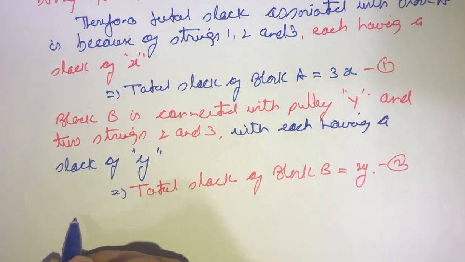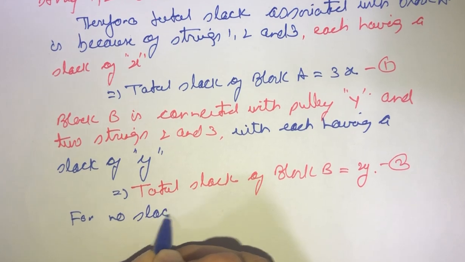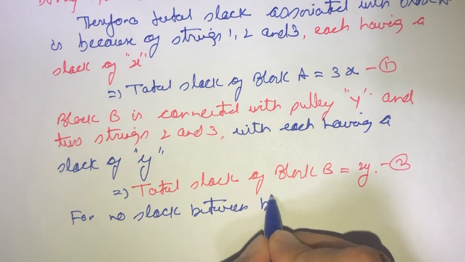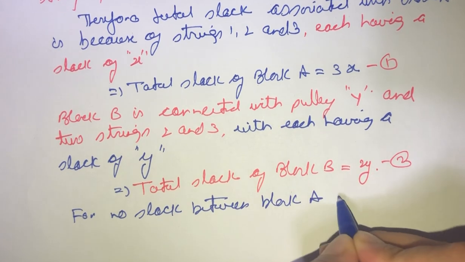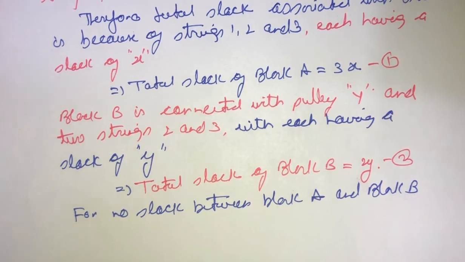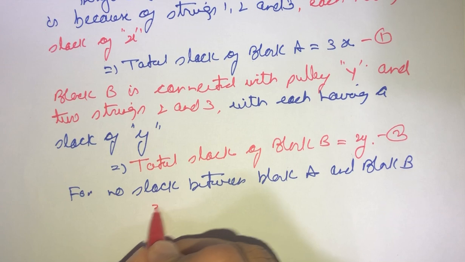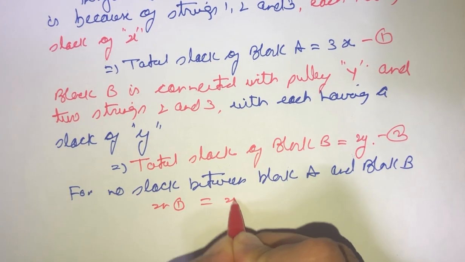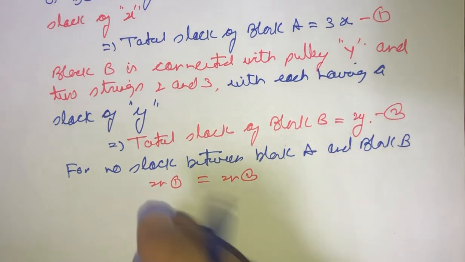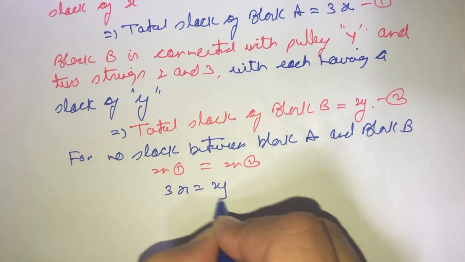So we can write that for no slack between block A and block B, equation 1 should be equal to equation 2, or rather we can say 3x is equal to 2y.